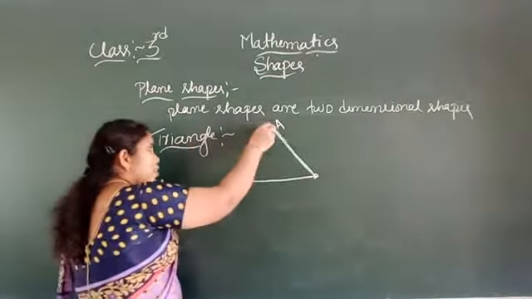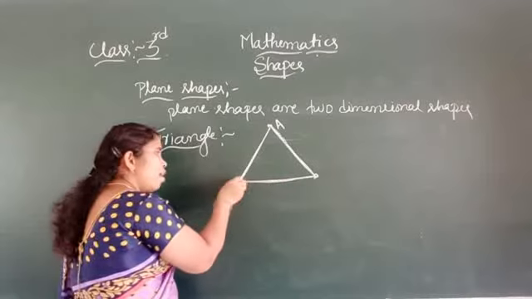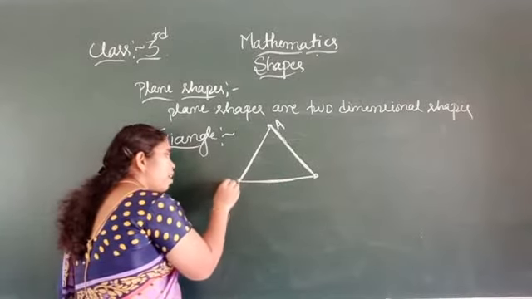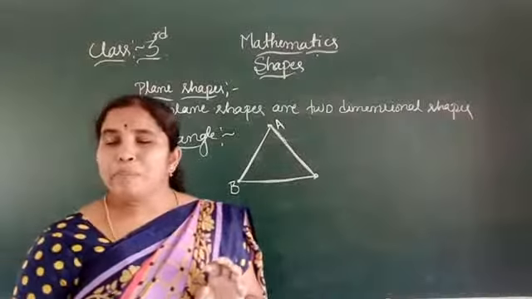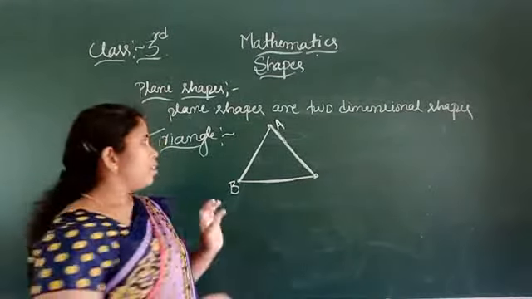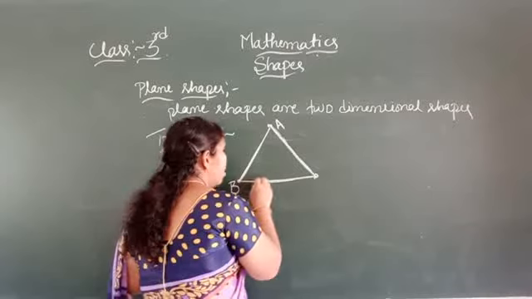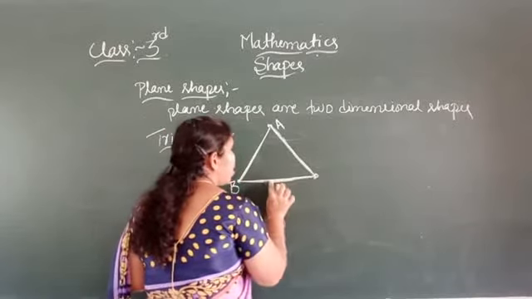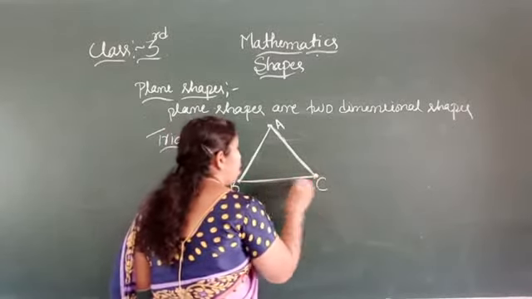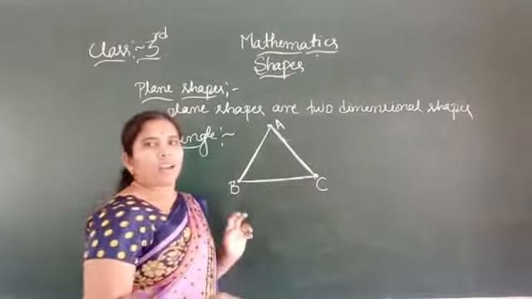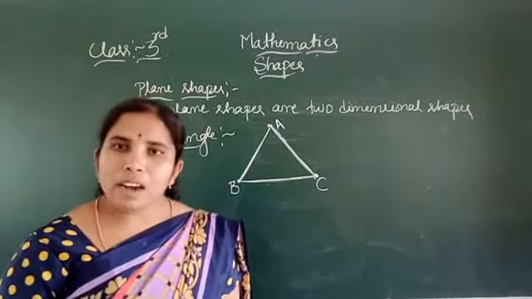Then this line and this line meet at a point and form corner B. Then this line and this line meet at a point and form vertex or corner C. So in a triangle, how many corners are there?